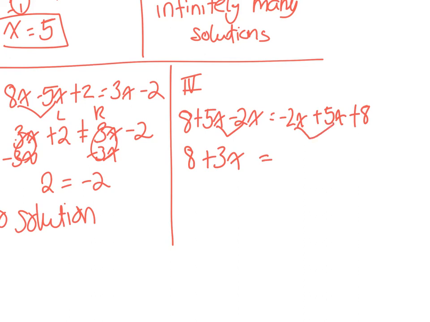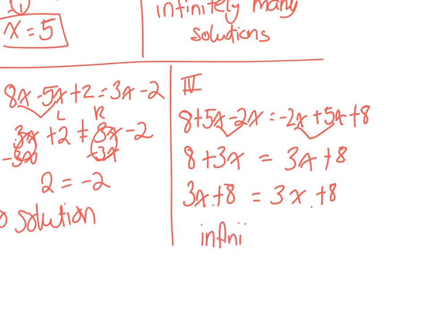Negative 2x plus 5x gives me 3x plus 8. If I flip the left-hand side to make my variable first, you can see more clearly that both sides of my equal sign are the same. So that means I'm going to have infinitely many solutions.